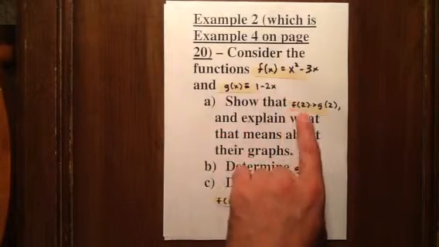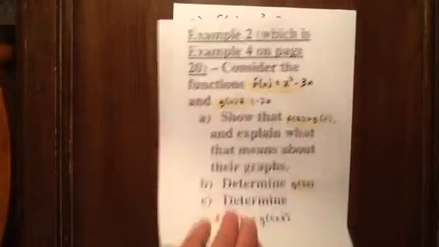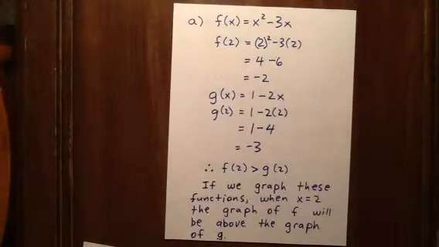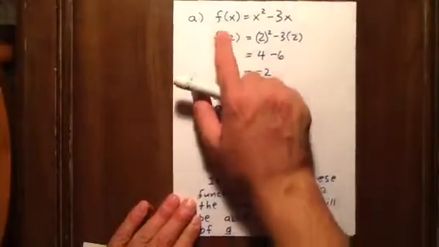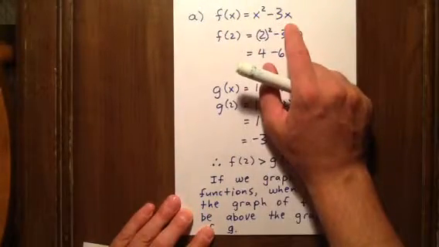First of all, we're going to show that f at 2 is greater than g at 2. Now, the question tells us that f at x equals x squared minus 3x.